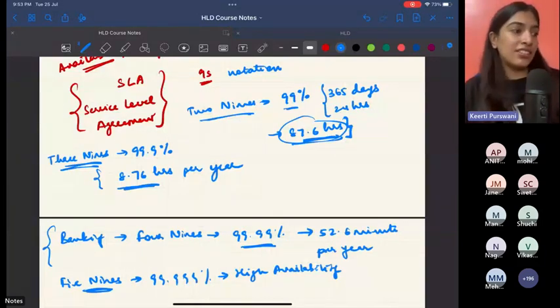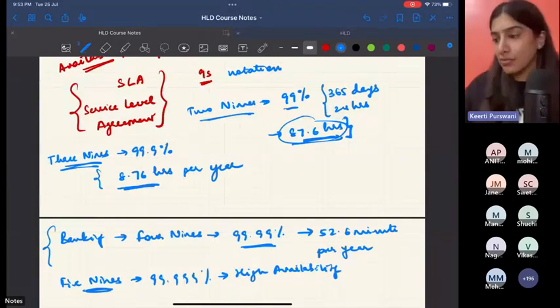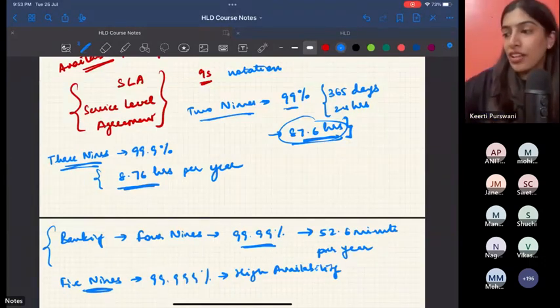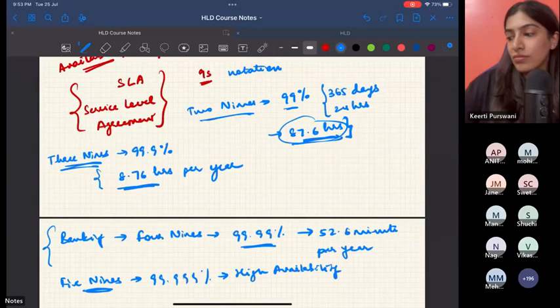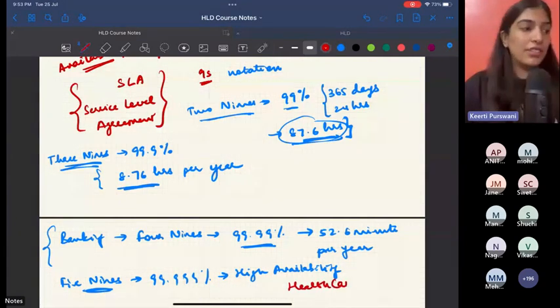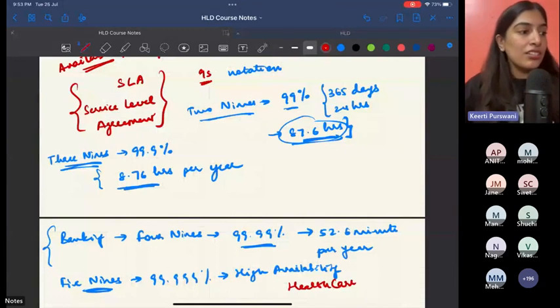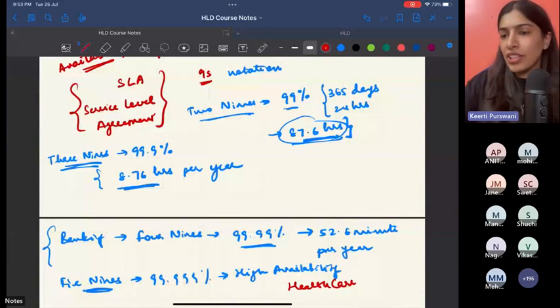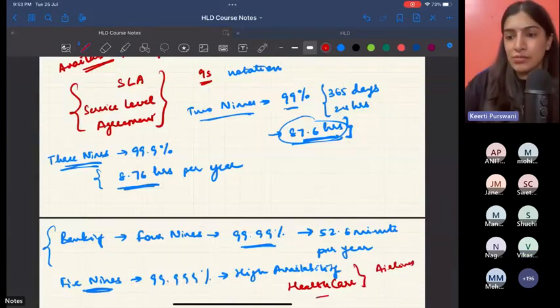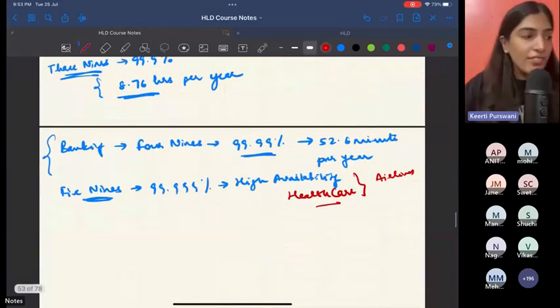Imagine any mission critical systems, like suppose healthcare systems, right? Where your health, your life is dependent on it, like healthcare systems. Or suppose you are going on a mission, some airlines, yes, you can say probably very, very critical systems, correct? So five nines.